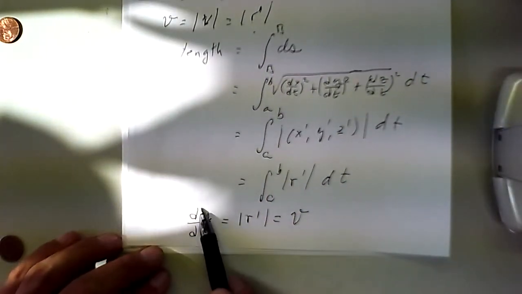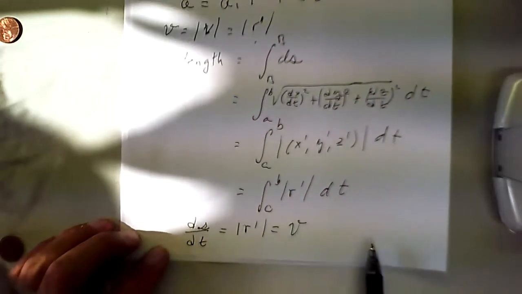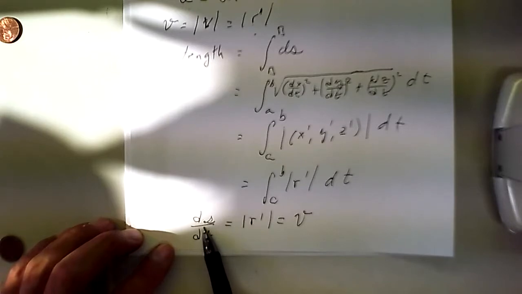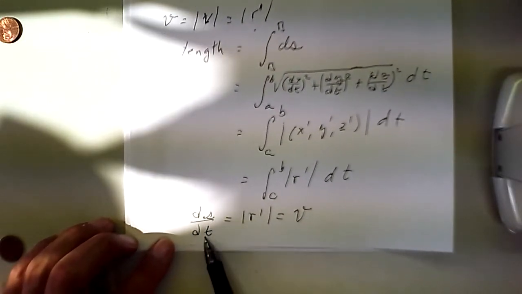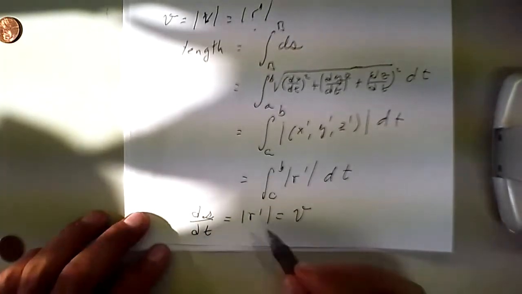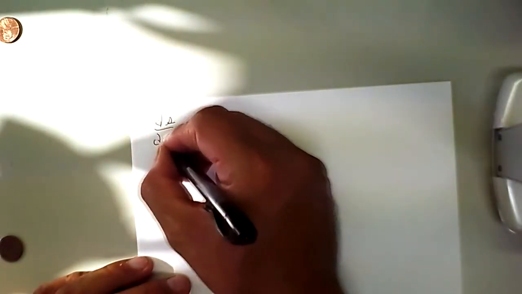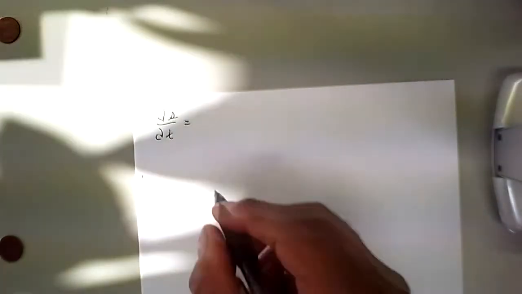And consequently, the derivative of the length relative to t is the velocity. So that is one thing we have to keep in mind. There's a few things that we have to keep in mind. So the derivative of length with respect to time equals the velocity.